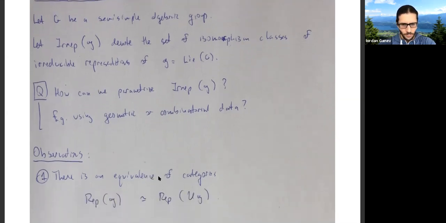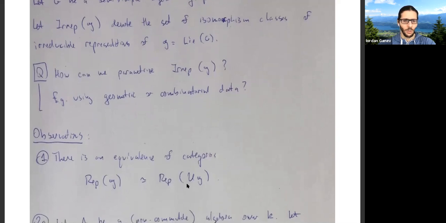First of all, in the lecture about Lie algebras, I introduced the universal enveloping algebra, and I stated the result that representations of the Lie algebra g as a Lie algebra are the same as representations of the universal enveloping algebra as an associative algebra. The universal enveloping algebra is an associative algebra, just like you learned in the first semester algebra course, and we can think about modules for this algebra.